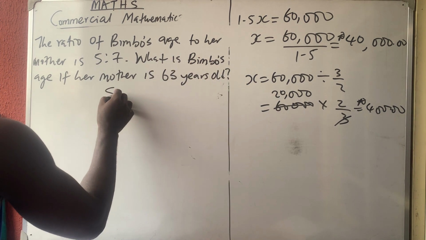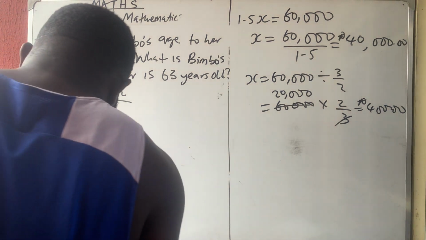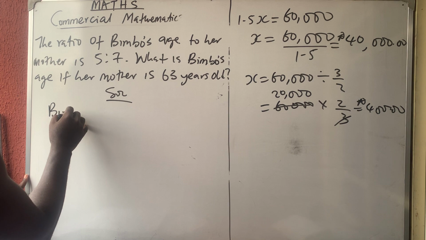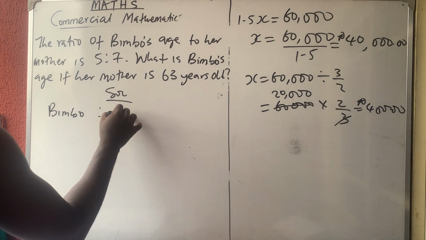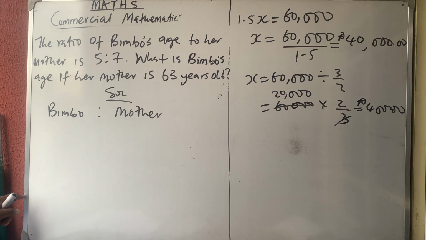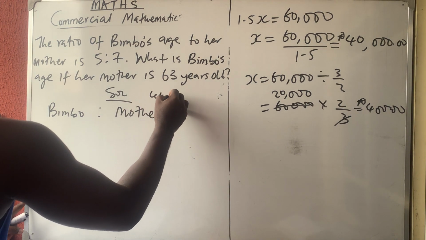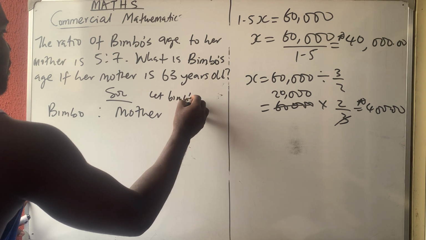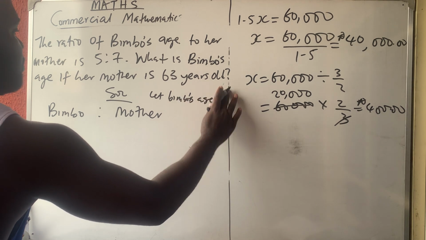All right. Solution. So what do we have? We are going to have Bimbo is to her mother. So we'll first of all say, let Bimbo's age be x.